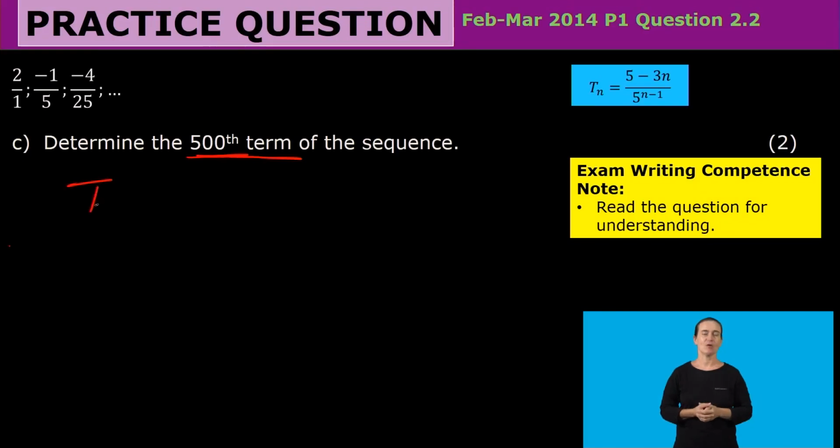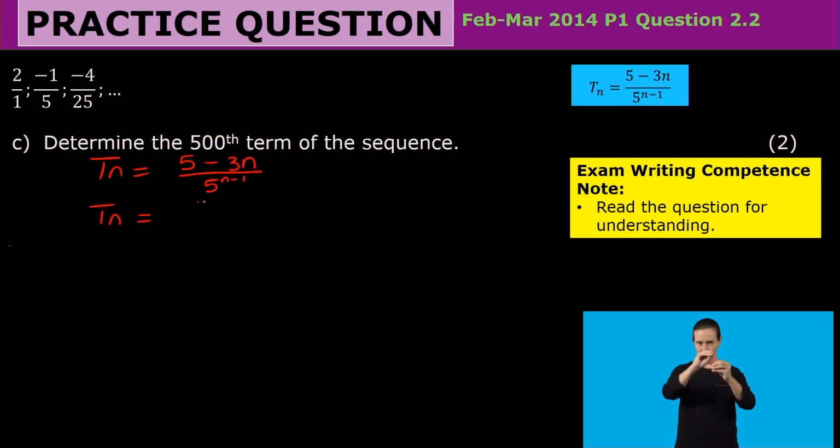So we are going to use this general term that we have there, Tn is equal to 5 minus 3n divided by 5 exponent n minus 1. Now, when we substitute here, that's going to be 5 minus 3 multiplied by 500, and of course that is going to be the 500th term. So you have to substitute everywhere that is the term 500.